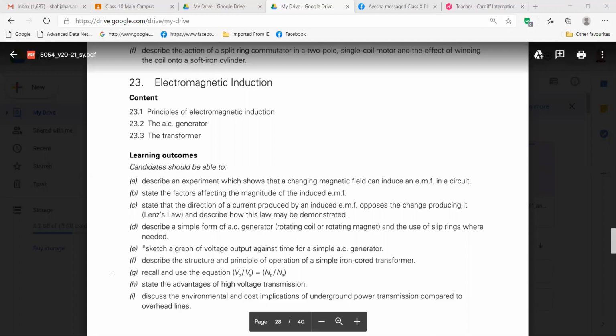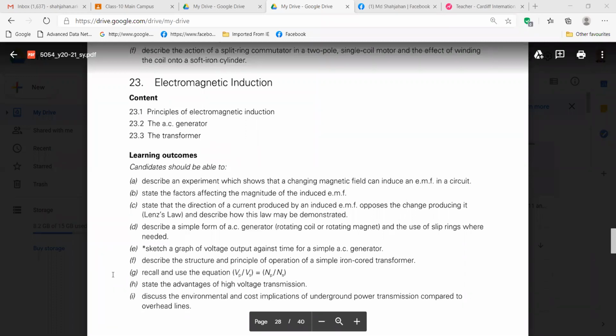We are lowering that voltage to 220 volts. That is our power supply voltage in our house, the main supply. So from that big voltage we want to get lower voltage. That is done by transformer.